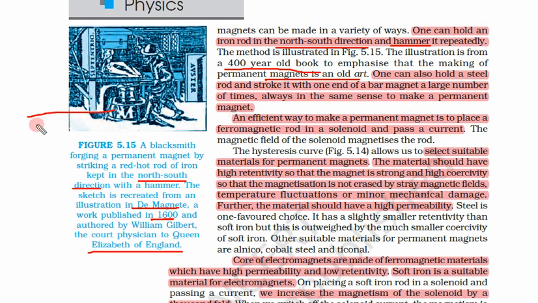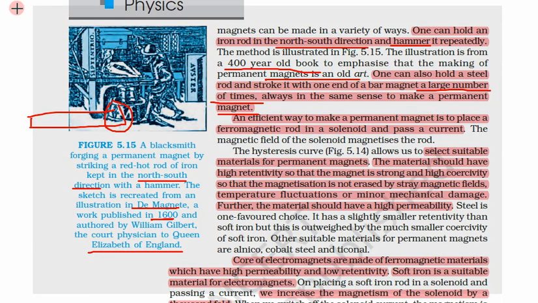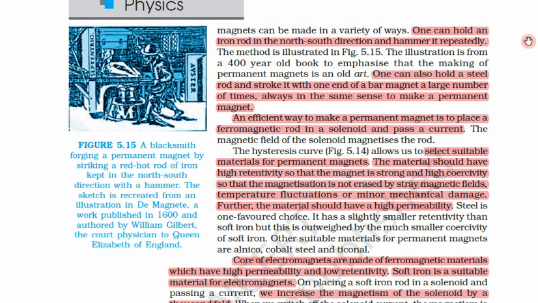Another way, we can take a steel rod and stroke it with one end of the bar magnet a large number of times, always in the same sense, to make a permanent magnet. Then it will become a permanent magnet.